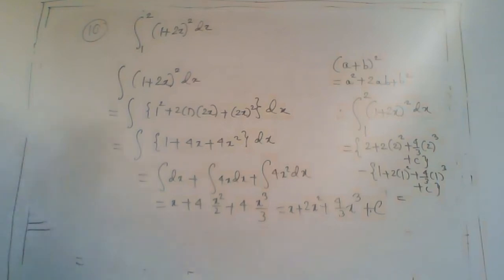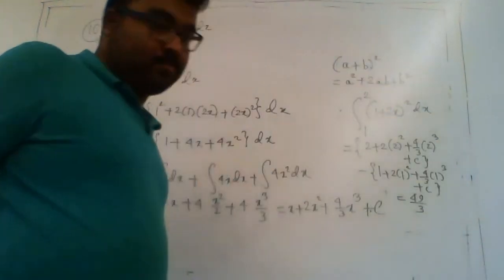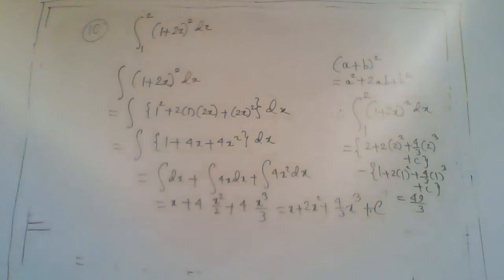So if you use a calculator, you get 49 by 3 as your answer, which is 16.33 approximately.